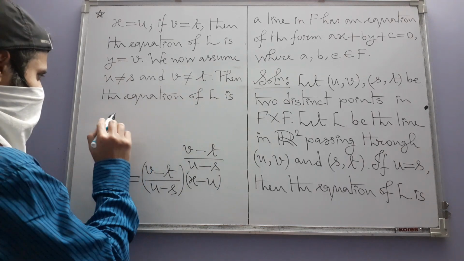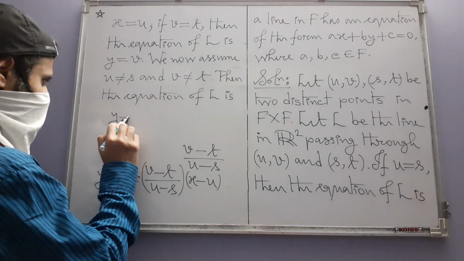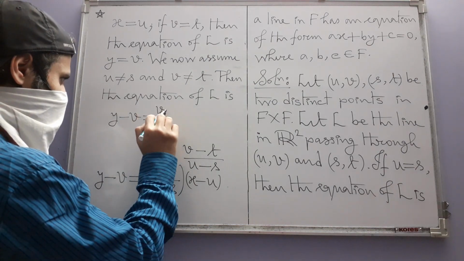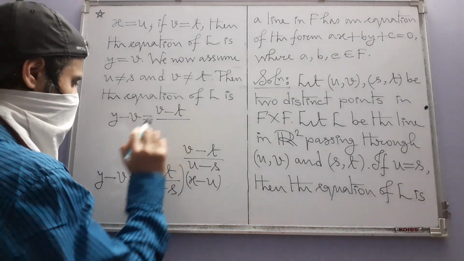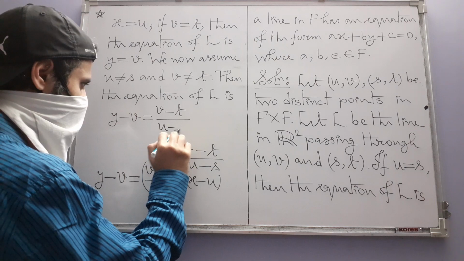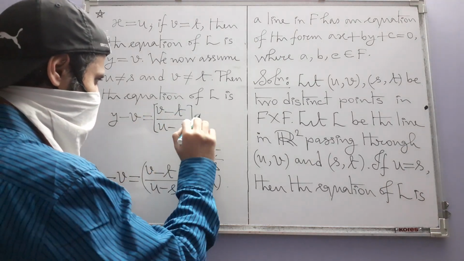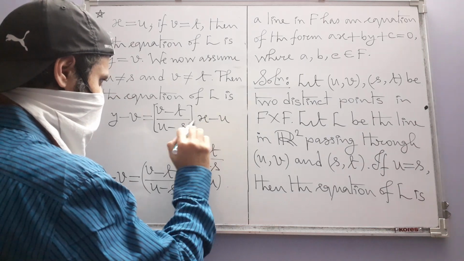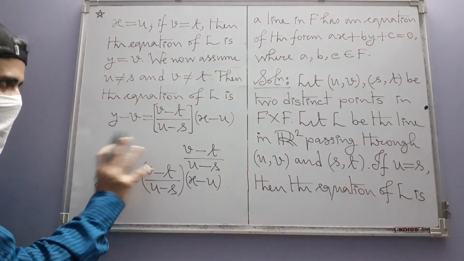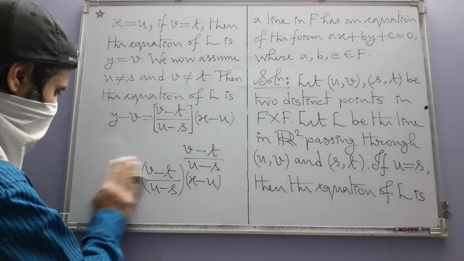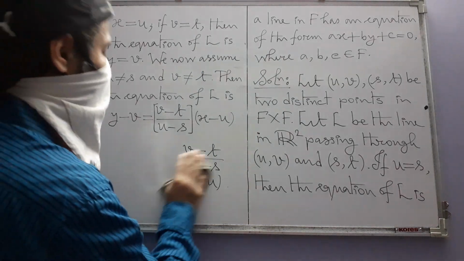So let's just write it. This is y minus v equal to the slope times x minus u. Now we are going to manipulate it a little bit to bring it to that form.